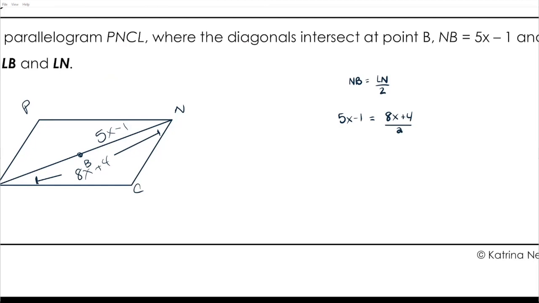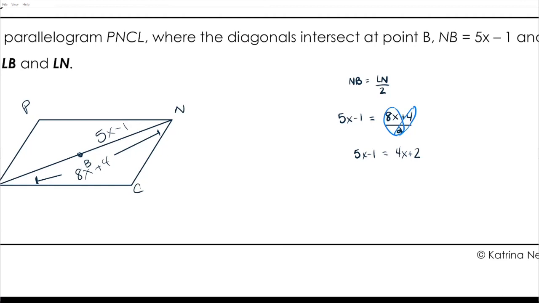Since both of these terms are even, we can do our little butterfly that you guys learned in Algebra 1. And we can reduce. If they weren't both even, I would recommend multiplying both sides by 2. Since they're both even, we can go ahead and reduce. 5x minus 1 is 4x plus 2.